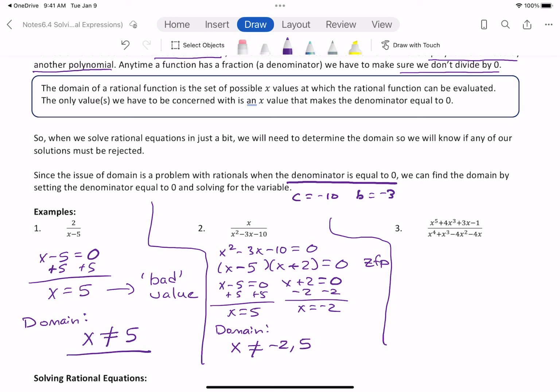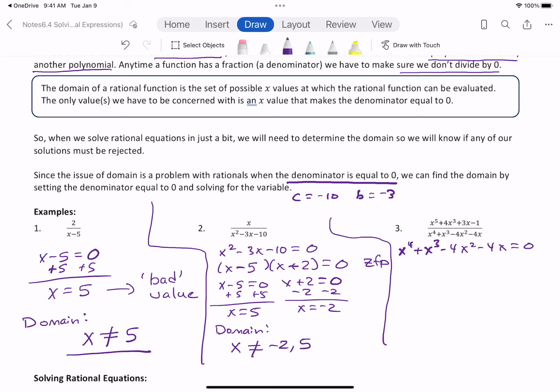All right, let's look at one more of these. And this one looks pretty complicated, right? It looks like maybe it's a little intimidating to start with. But remember, we don't care what's in the numerator at all. So we're going to start just like the others. I'm going to set the denominator equal to 0.